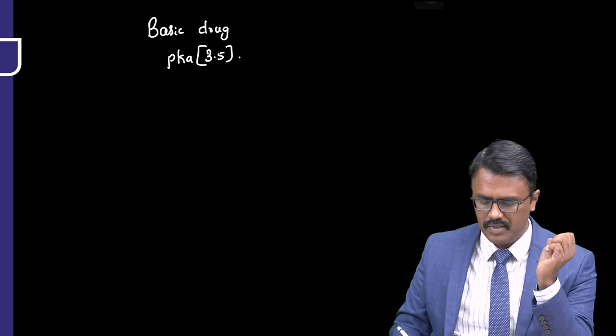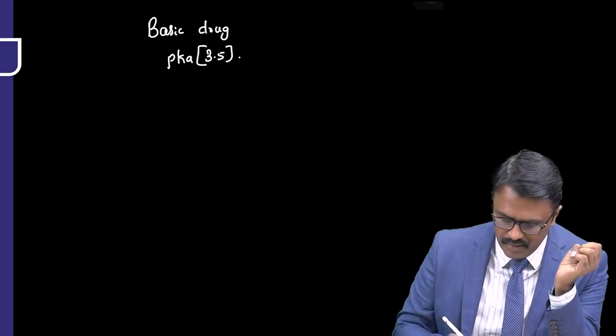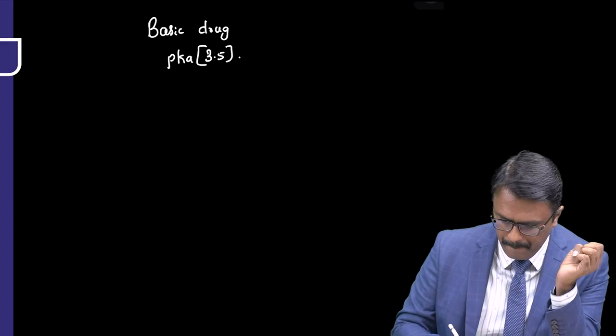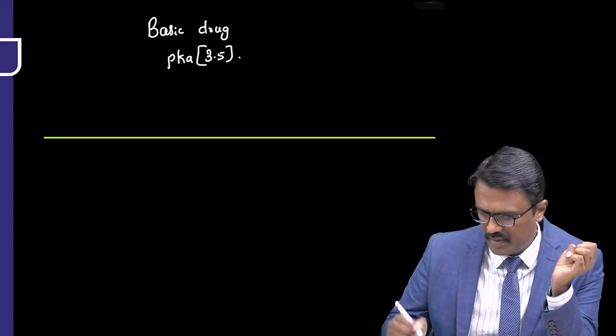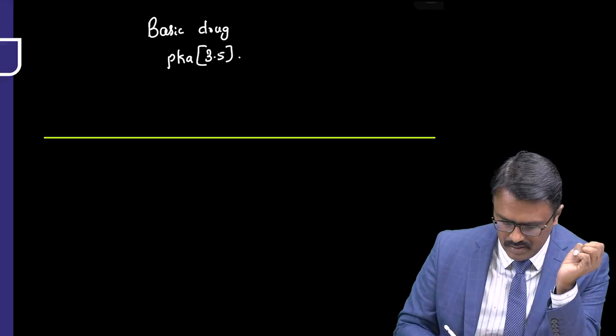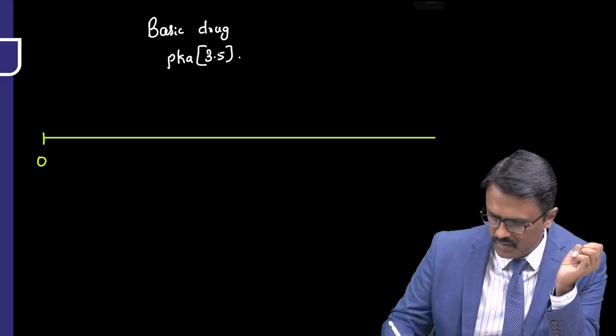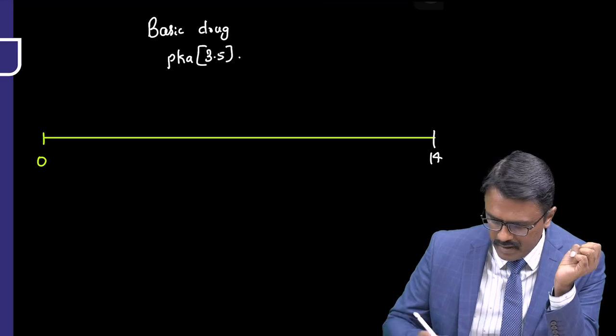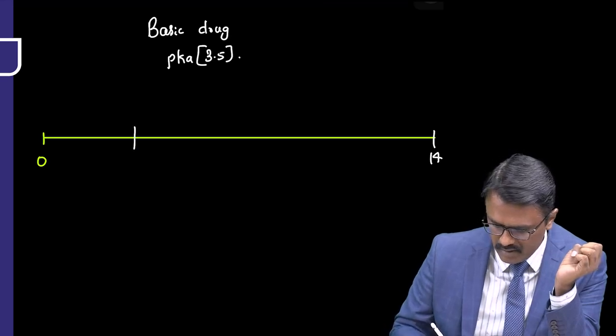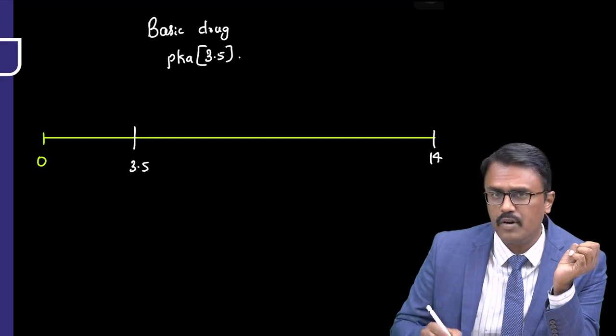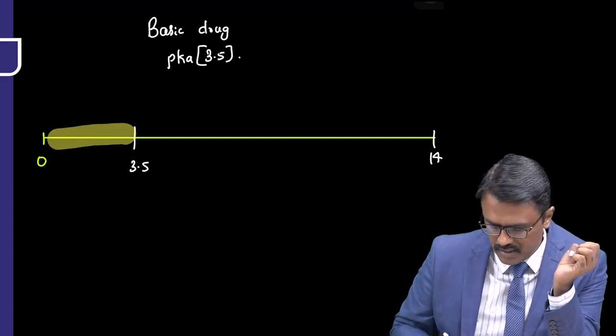Now tell me that. The meaning of that is, if I write a pH scale, this is 0, this is 14, and this is the point, that is 3.5. Now for this drug, this side becomes acidic and this side becomes basic.